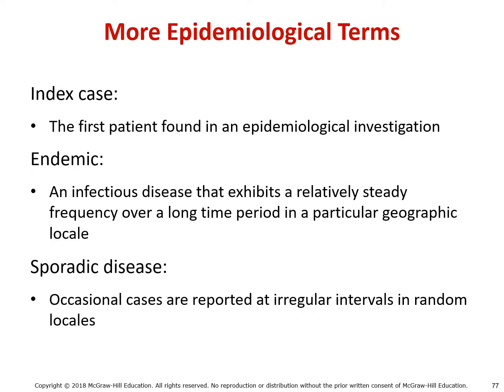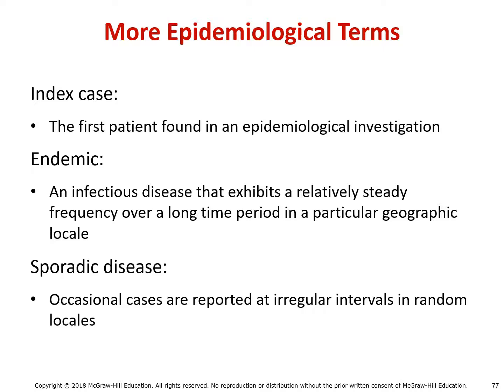So here's some more terms that you should probably know, including index case. An index case is the first patient found to have a very particular disease, and as a result they're the source initially of infection if it's communicable. Endemic is this idea that certain diseases will be expected over periods of time and in specific locations, kind of like the flu.